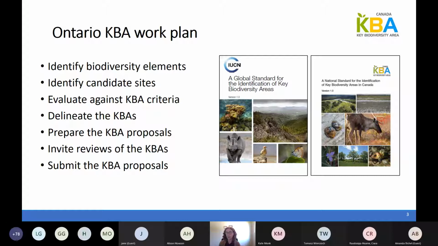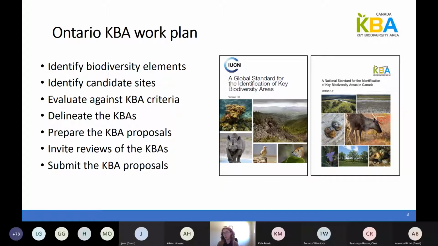We then find candidate sites that hold these biodiversity elements in high enough thresholds or high enough populations to potentially trigger KBA thresholds, which we evaluate against the KBA criteria. And then if they do meet the thresholds, we delineate the boundaries of each KBA with the help of experts and other knowledge holders to make sure our boundaries are appropriate.